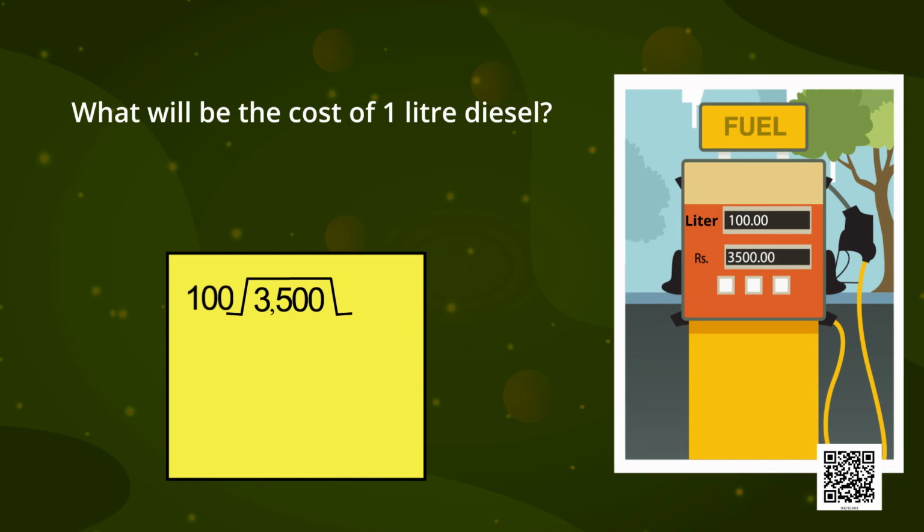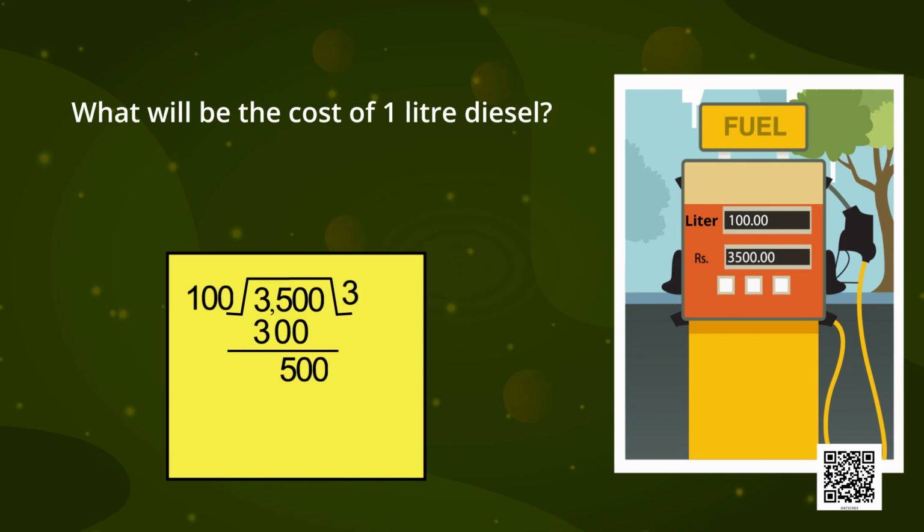So first of all, we write 100 times 3, that is 300. We write 300 below 350 and subtract. 0 minus 0 is 0 and 5 minus 0 is 5. And we copy this 0 from above. So we get 500.